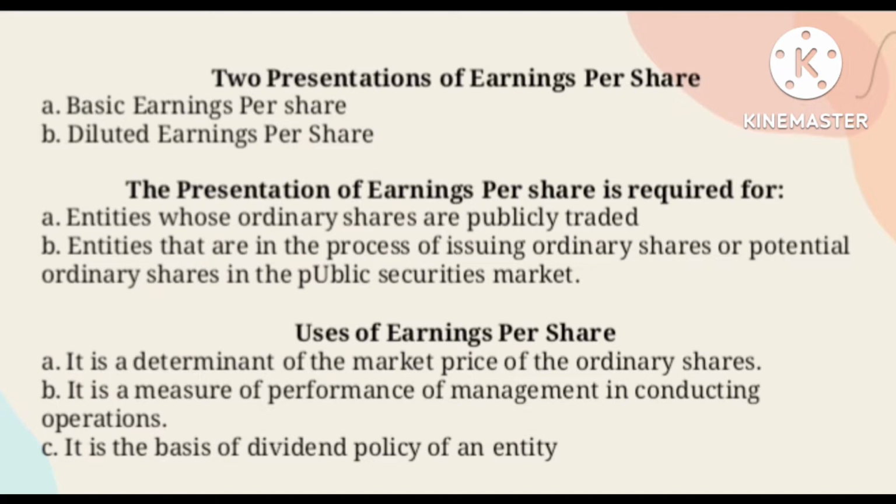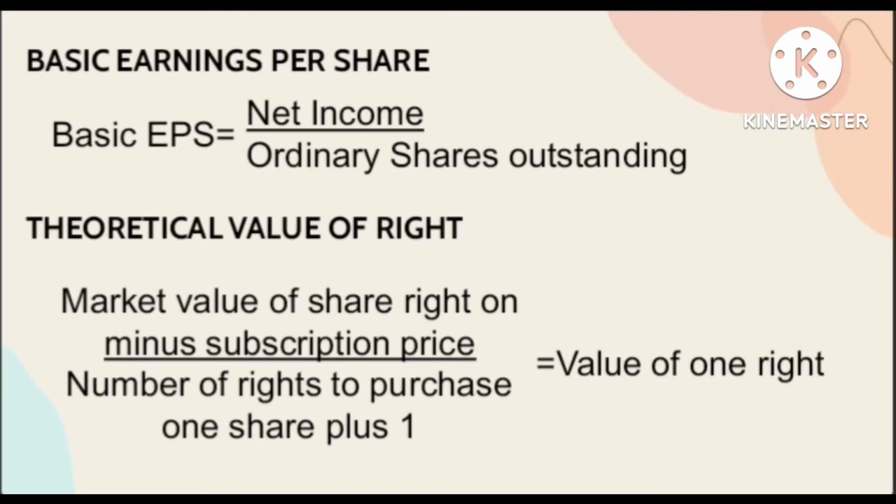There are three uses of earnings per share. First, it is a determinant of the market price of the ordinary shares. Second, it is a measure of performance of management in conducting operations. Third, it is the basis of dividend policy of an entity. Now let's proceed to the formula of basic earnings per share: net income over ordinary shares outstanding.